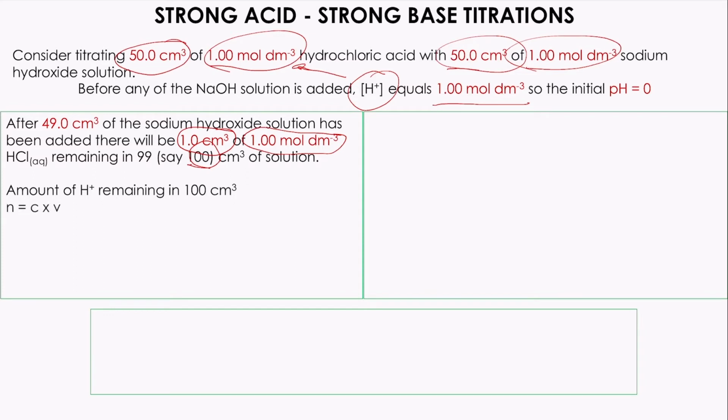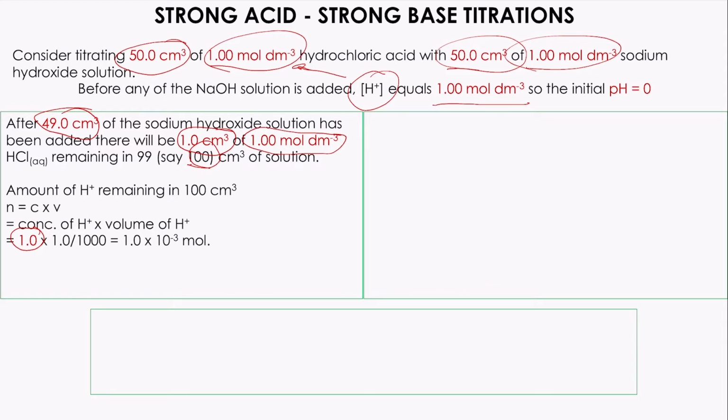So, number of moles of hydrogen ions equal to C by V, the concentration of hydrogen multiplied by the volume of hydrogen. The concentration of the hydrogen is 1, and the volume of hydrogen left over after neutralizing 49, because 49 of the sodium hydroxide had already neutralized 49 of the acid.